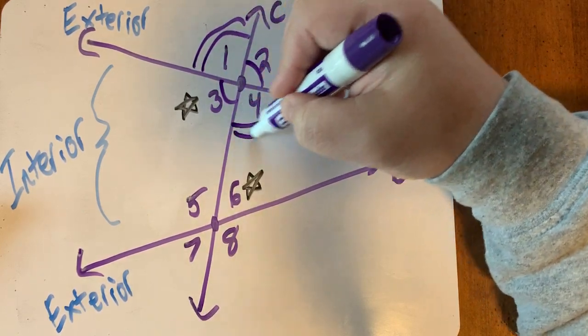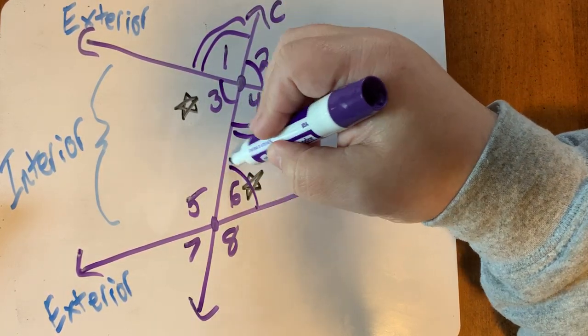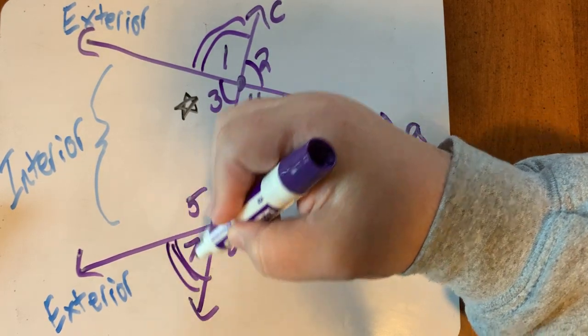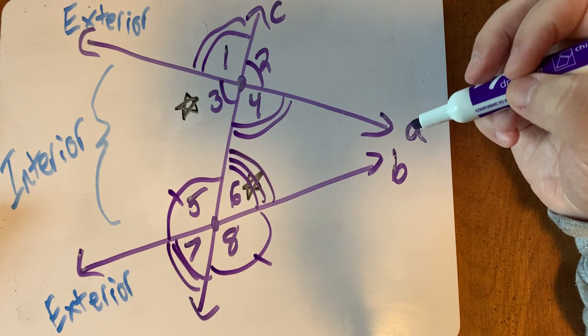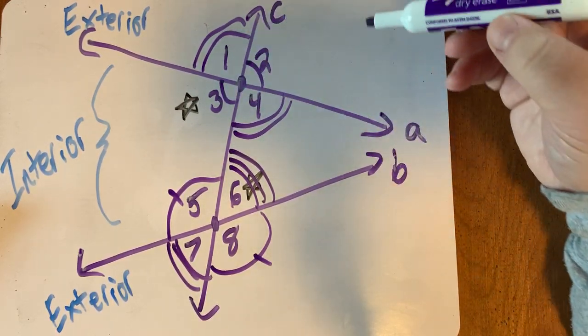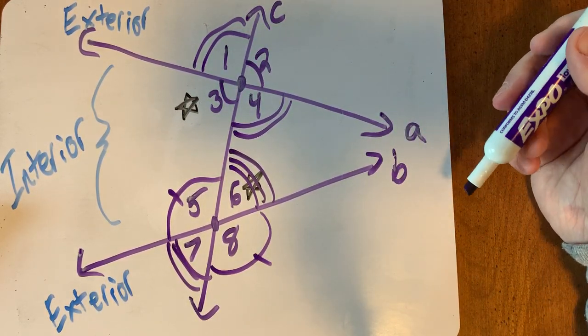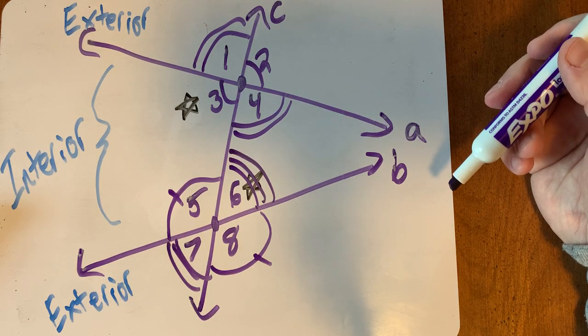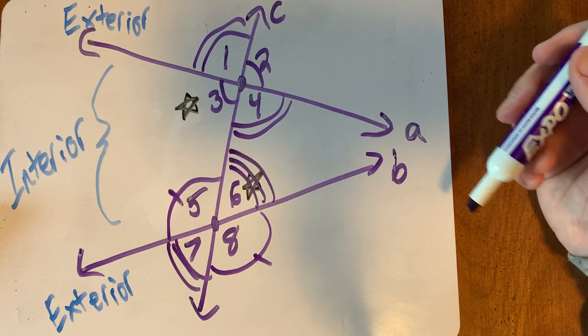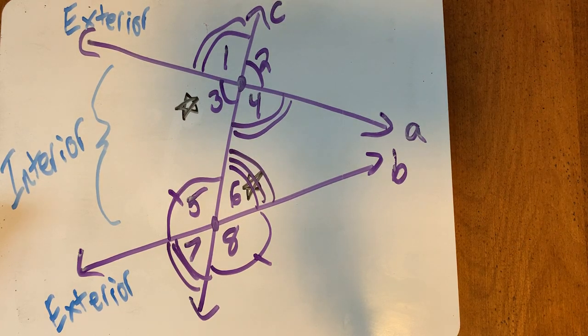Angle 1 and angle 4 are congruent. Angle 6 and angle 7 are congruent. And angle 5 and angle 8 are congruent. And we also know a bunch of supplementary pairs: 1 and 2, 2 and 4, 4 and 3, 3 and 1, 5 and 6, 6 and 8, 8 and 7, and 5 and 7. So that's all we know about their measures.